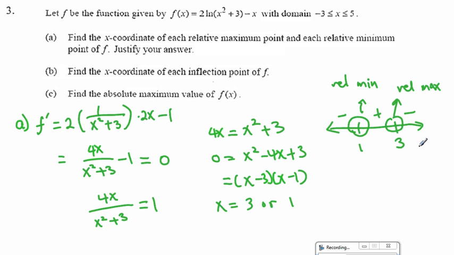That's what we end up getting by the number line. So when x equals 1, we get a relative minimum. When x equals 3, we get a relative maximum.